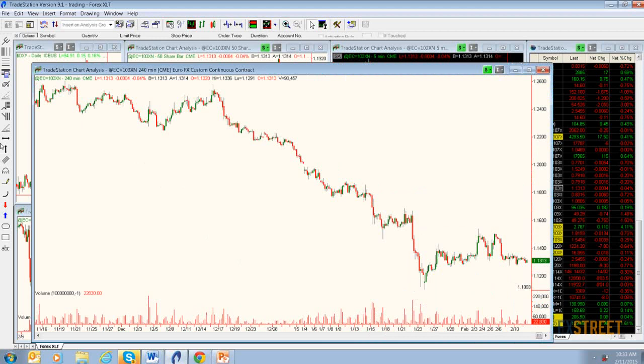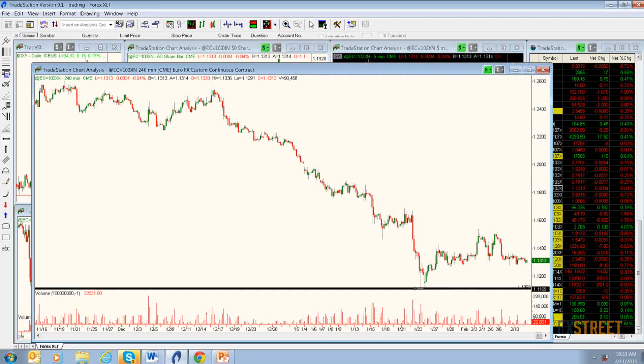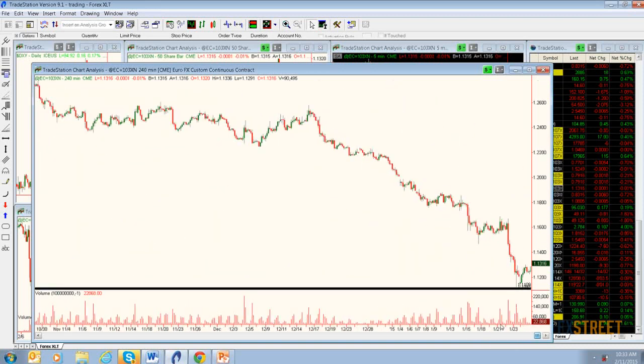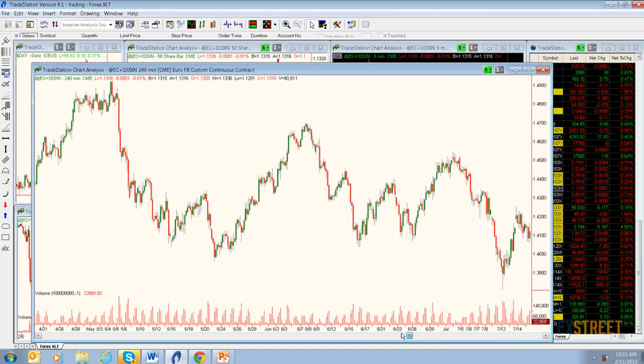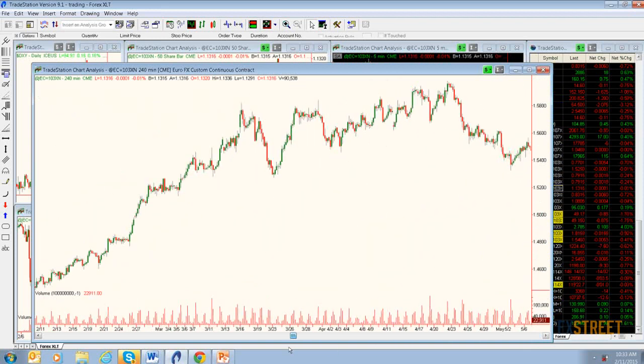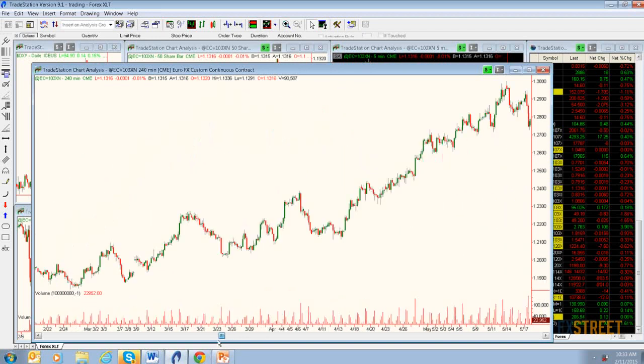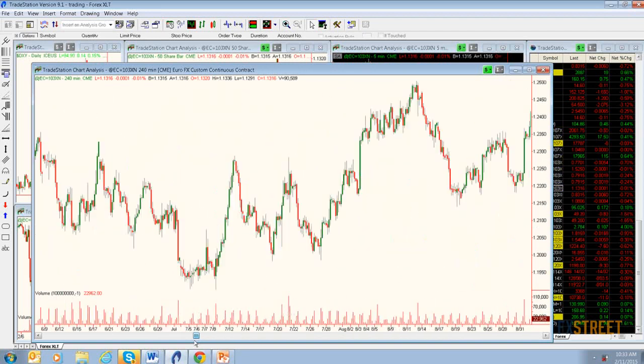What I'm going to do, remember our steps to doing this, we start with current price, look below current price to find the nearest fresh demand zone below current price. When I scroll left, and close.